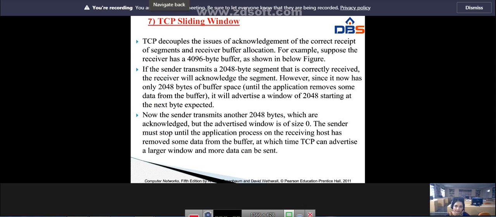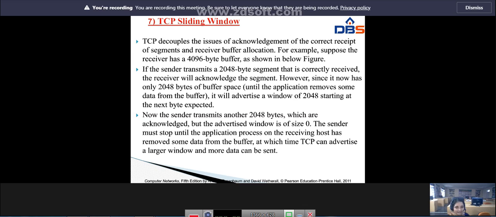If you see the explanation, we can understand easily. If the sender transmits a 2048 byte segment that is correctly received, the receiver will acknowledge the segment, since it now has only 2048 bytes of buffer space. Until the application removes some data from the buffer, it will advertise a window of 2048 starting at the next byte expected.